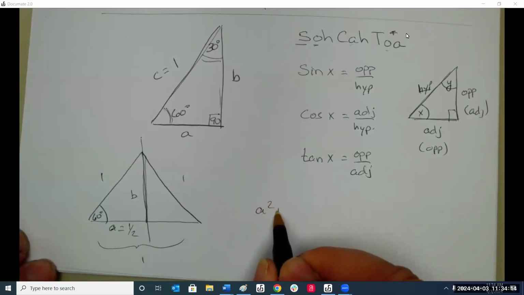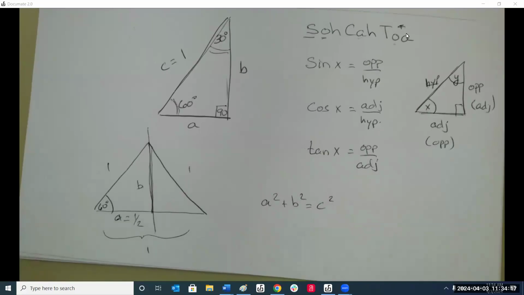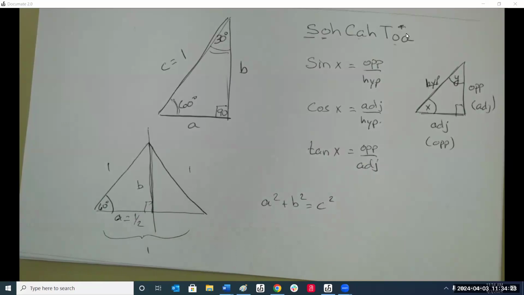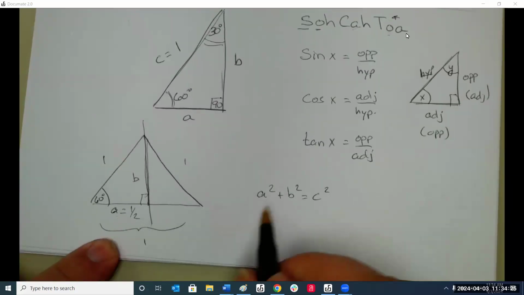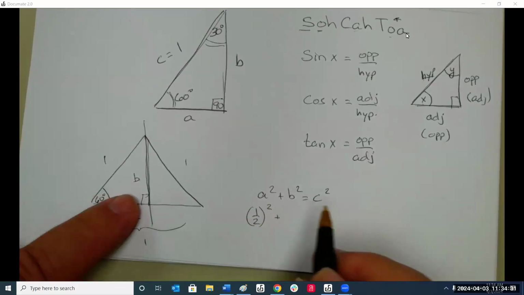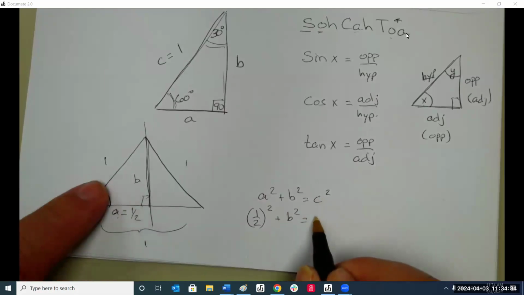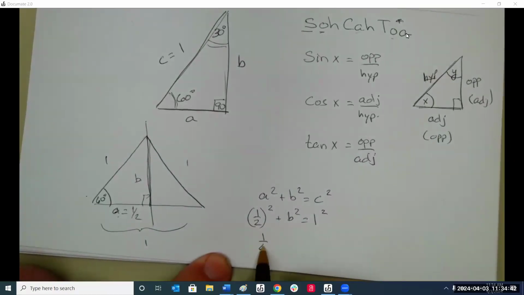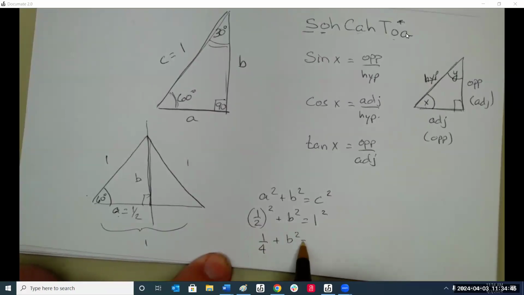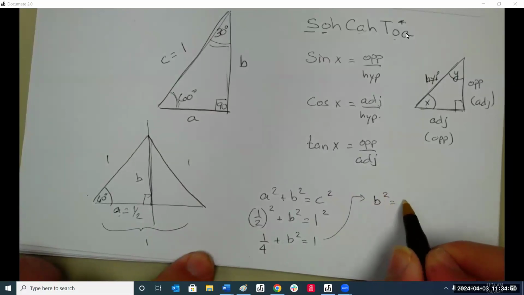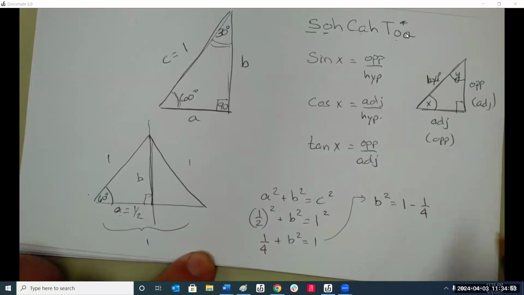We have A squared plus B squared equals C squared. Pythagorean theorem. Whenever you deal with right triangles, you always deal with the Pythagorean theorem. So our A is 1/2. B, we don't know yet. C is 1. Let's solve for B. So we get 1/4 plus B squared equals 1. B squared equals 1 minus 1/4.